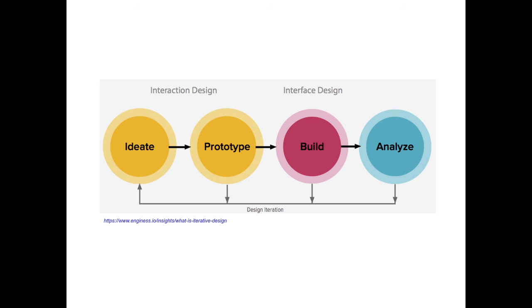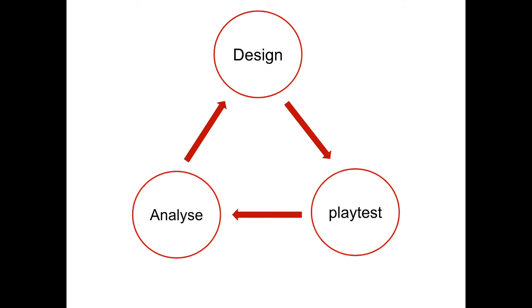Now, there are many iterations of this framework, but a very simple one. You can start off by doing this. First, you design the prototype. Then you play test it. Then you analyze it. But what's in between all that, in this framework? Note it down.